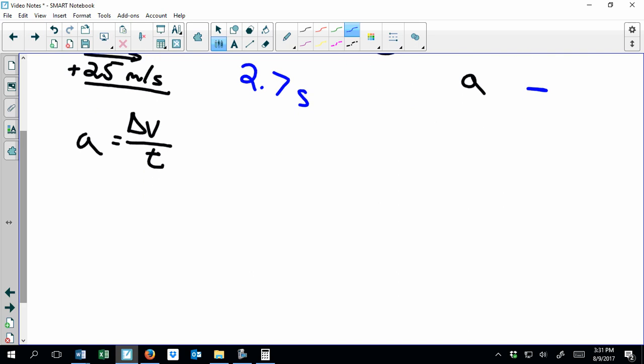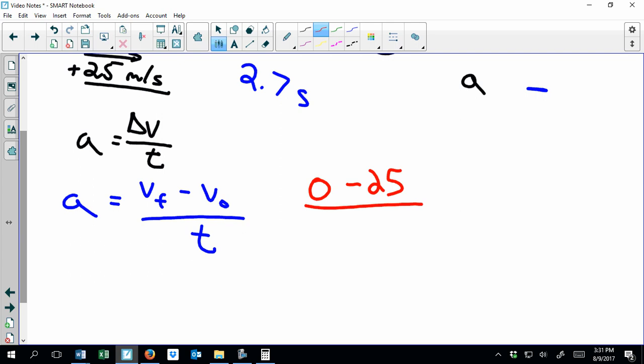So I'm going to go back here. My acceleration, my change in velocity, is my final velocity minus my initial velocity, divided by the amount of time it took. So I'm going to substitute in my numbers. My final velocity was 0, minus 25, over 2.7. So I've got negative 25.